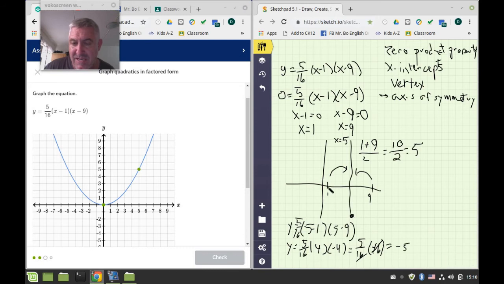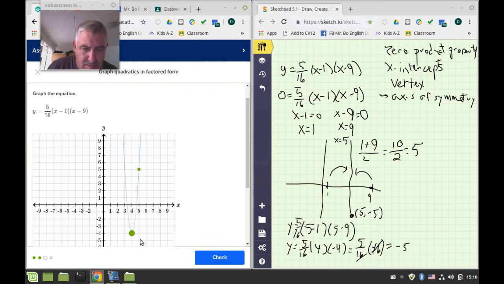So our vertex is at 5, negative 5. And we know our x-intercepts, so now we can come over to 9 and 5, negative 5. And so we're at 5, negative 5.